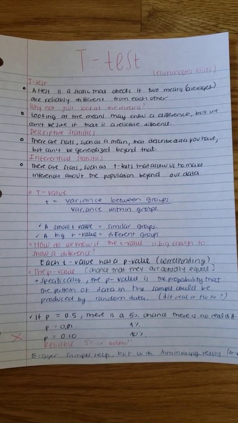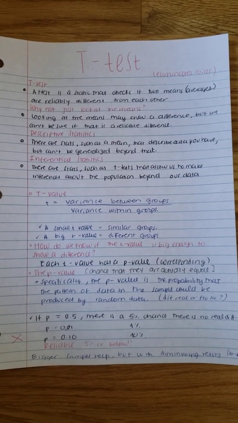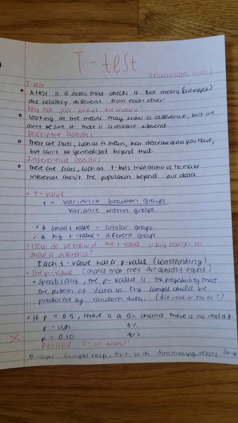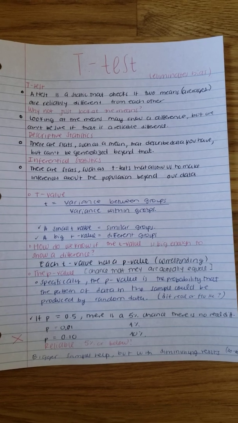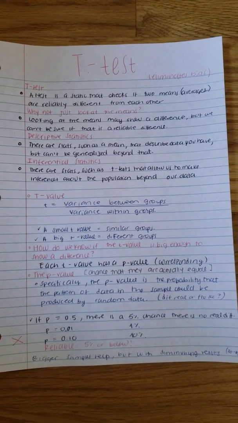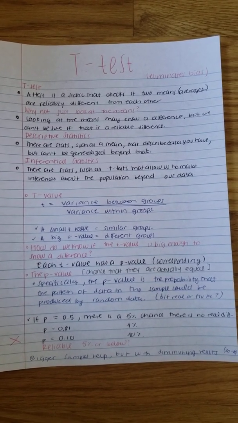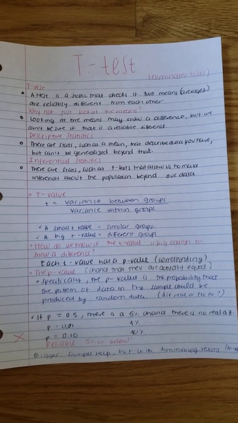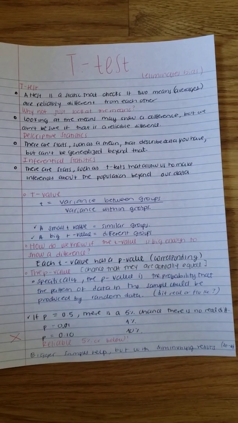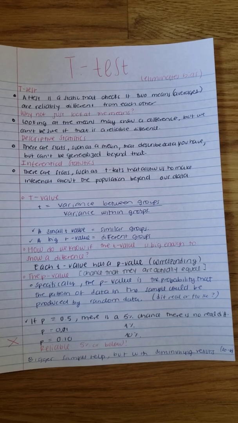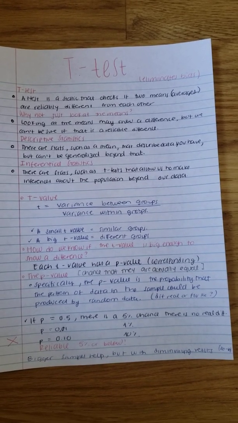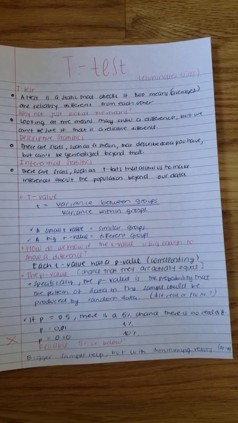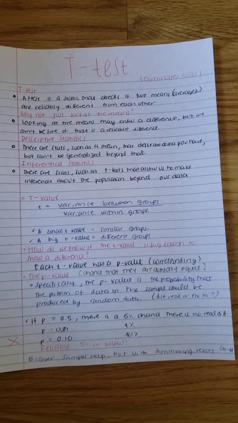So basically, this is going to tell us if there is a real difference or if it's a fluke. Normally the p-value that is going to be acceptable is 5%. That means that if we have more than that, that's not going to be reliable for us. It has to be 5% or below.